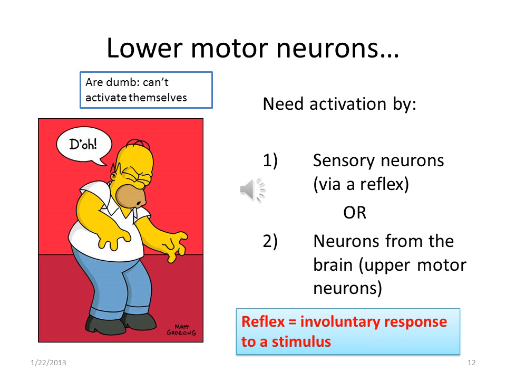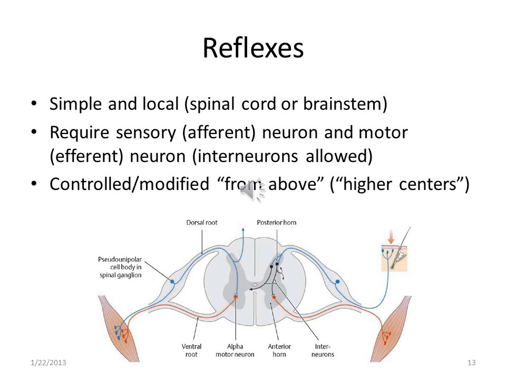Lower motor neurons need to be activated by sensory neurons from a reflex or by upper motor neurons. The definition of a reflex is an involuntary response to a stimulus. This slide diagrams a couple of reflexes, one of which has two neurons, a blue sensory neuron and a red motor neuron, the other of which has three neurons, a blue sensory neuron, a black interneuron, and a red motor neuron.